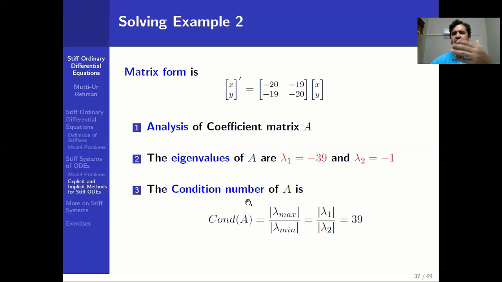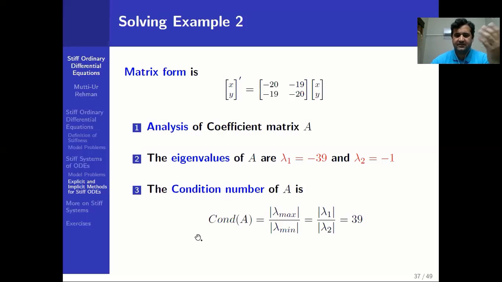The condition number of your matrix basically will tell you whether your system is ill conditioned or well conditioned. For instance, if you are lucky enough to have a small condition number, let's say maybe 1 or close to 1, then maybe you are in a happy situation actually, and you will have a well conditioned system.